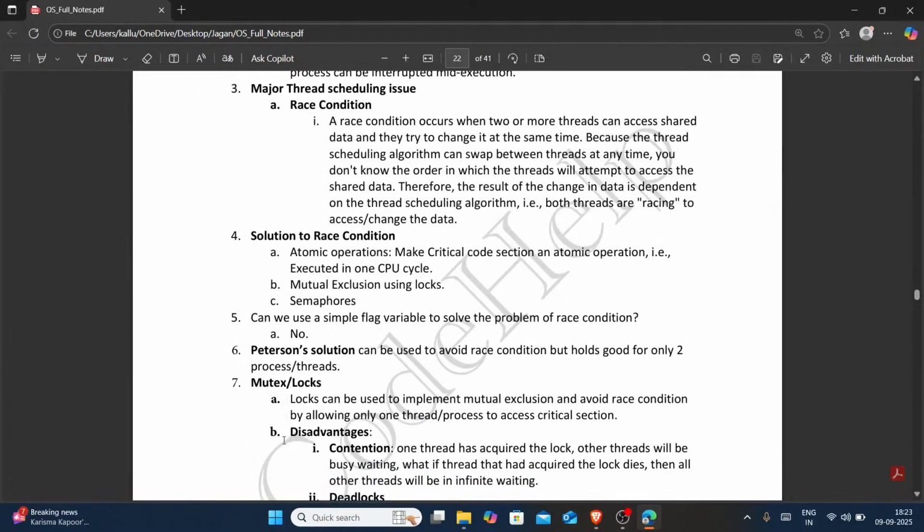Solution: how can we stop a race condition? What we can do is make the critical section an atomic operation. We will execute that thread in one instruction cycle.